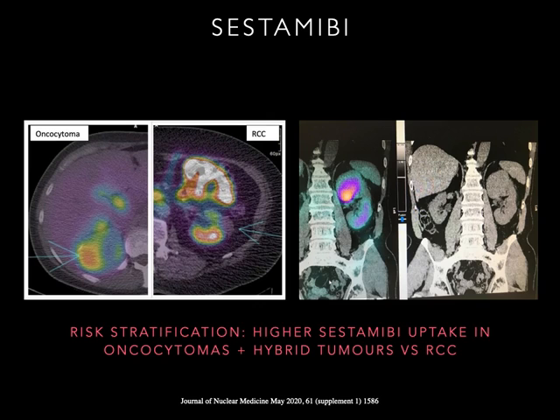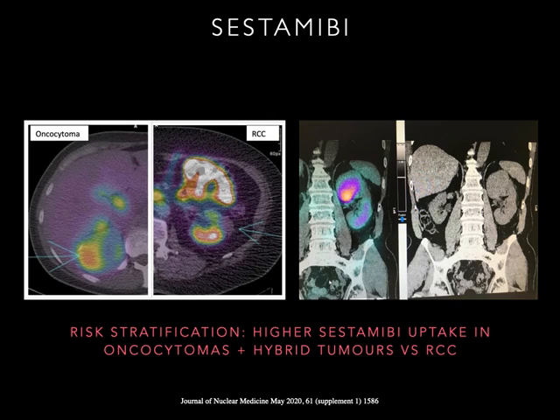But we're starting to see some benefit of using sestamibi. Sestamibi is a pretty bog standard nuclear medicine agent that you give for assessing lots of different things, including the thyroid, the heart. We've seen that it actually has a much higher uptake in oncocytomas versus RCCs.